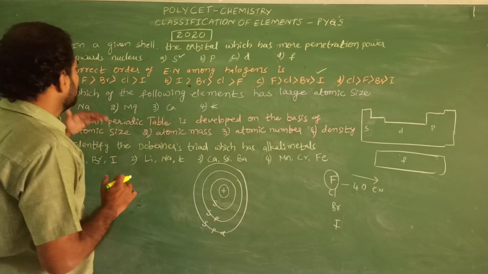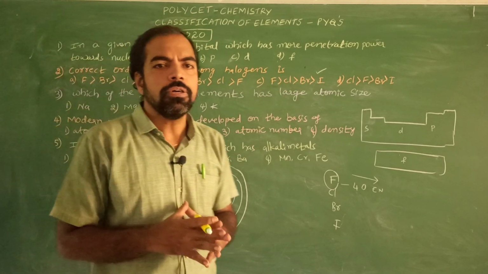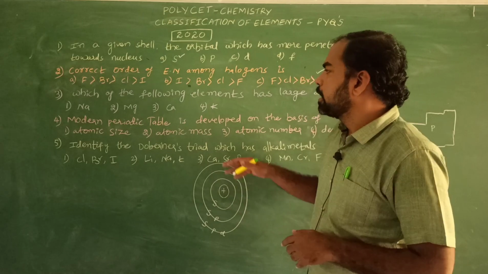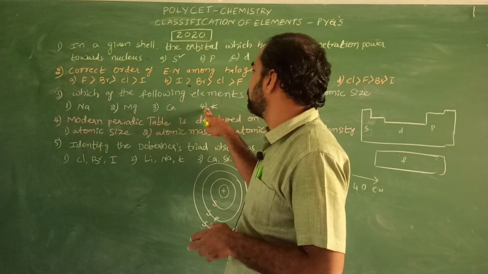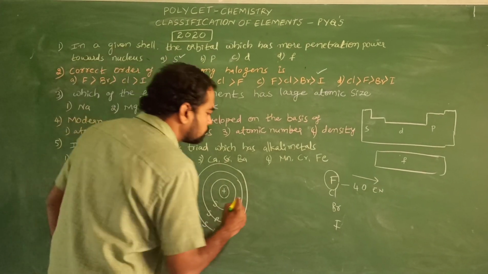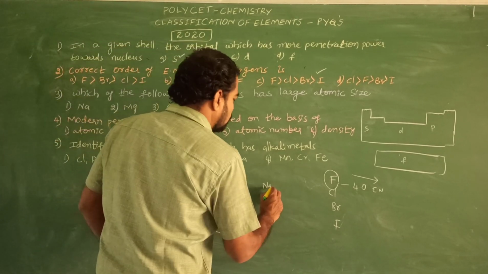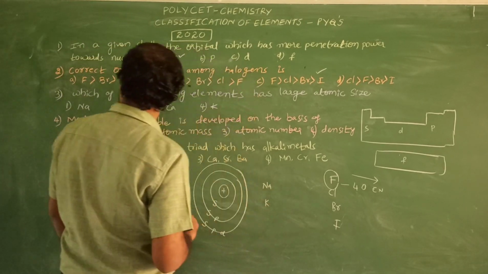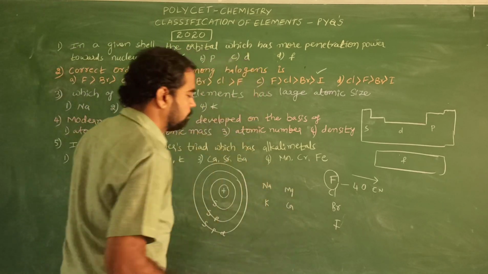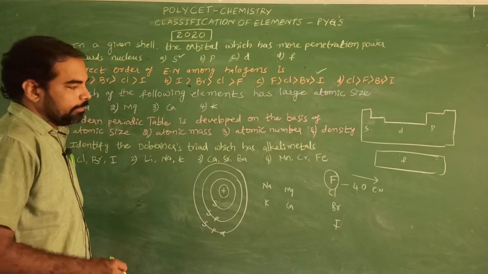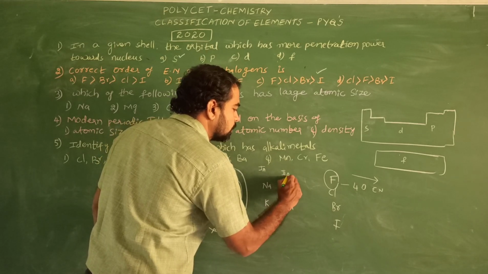Next, which of the following elements has a large atomic size? Here it is also the properties of the elements. The elements are sodium, magnesium, calcium and potassium. See the first group elements and the second group elements.